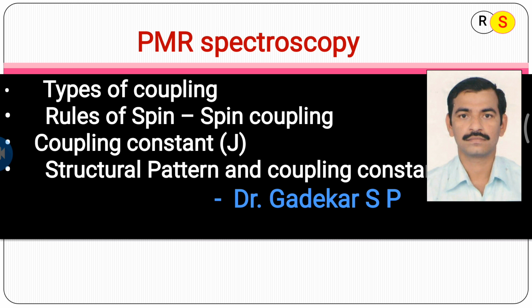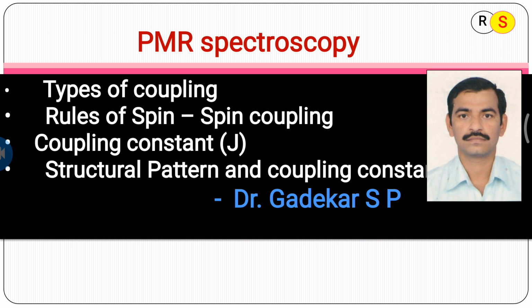The peak due to HA interacting with three neighboring protons gives a quartet signal, and its ratio depends on spin multiplicity. Again we discussed the Pascal triangle, which gives neighboring protons, spin multiplicity and relative intensity, as discussed in yesterday's lecture.